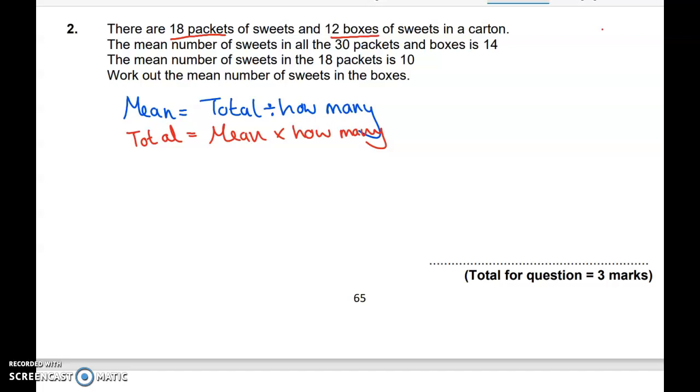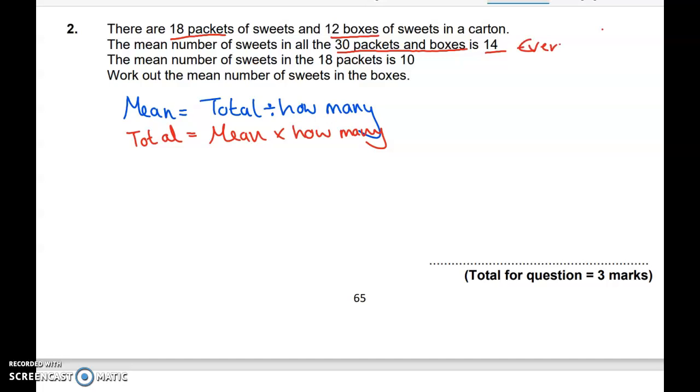The mean of the sweets in the 30 packets and boxes is 14. So the 14 is the mean. I would class this as all of the packets and all of the boxes. That's why it says packets and boxes. The 14 is the mean of everything added together.